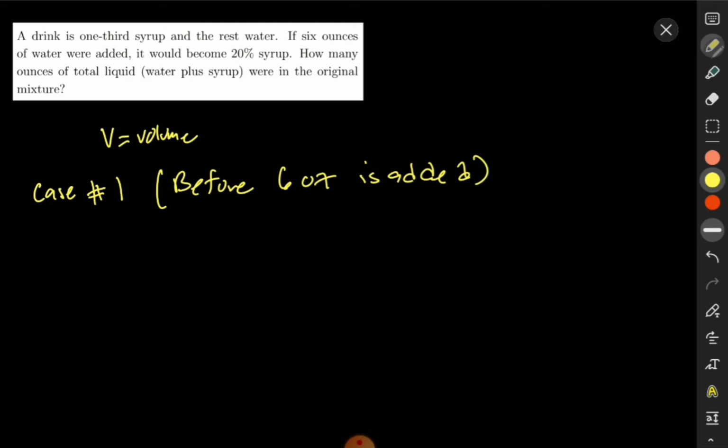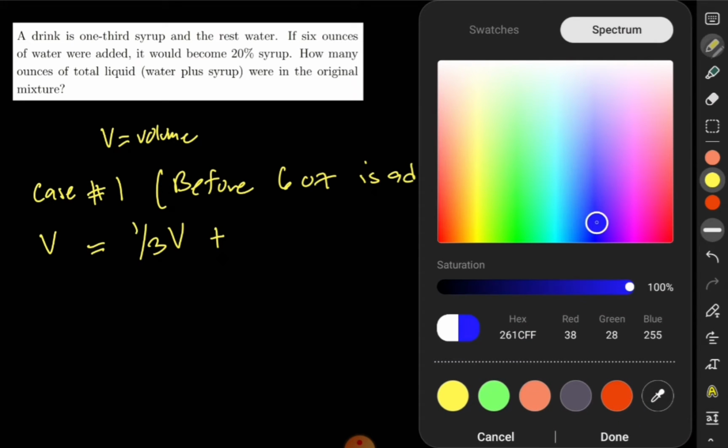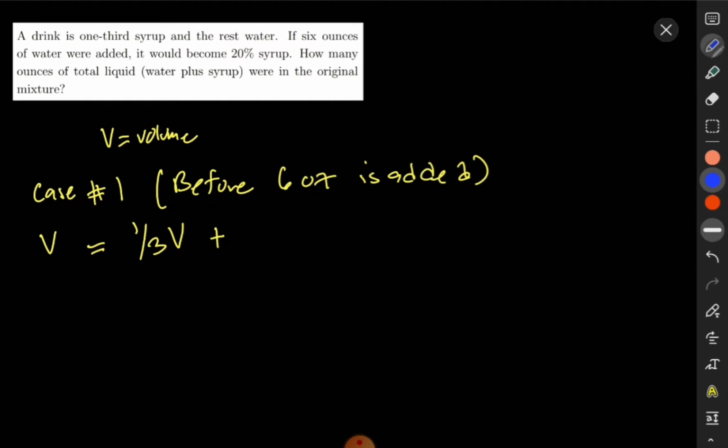Obviously, the volume is still V. Here it says 1/3 syrup, so there is 1/3 of V of syrup, and the water is 2/3 of V. So we're just going to make it blue or something like this. This is going to be the syrup and this is going to be the water.